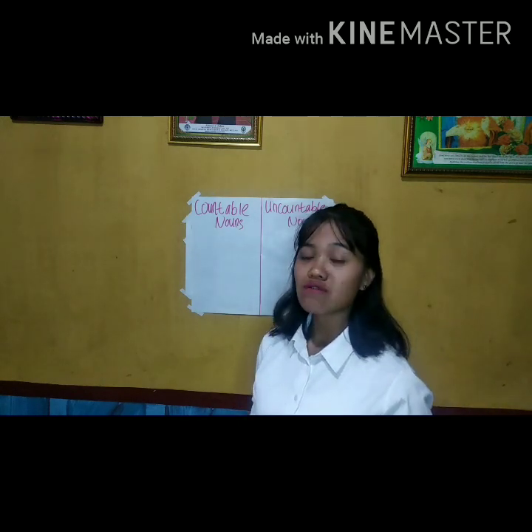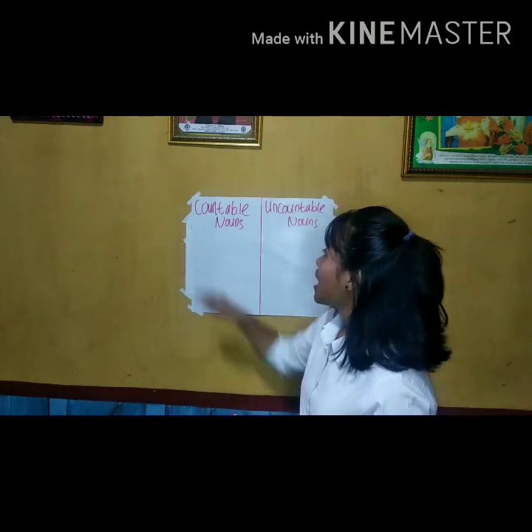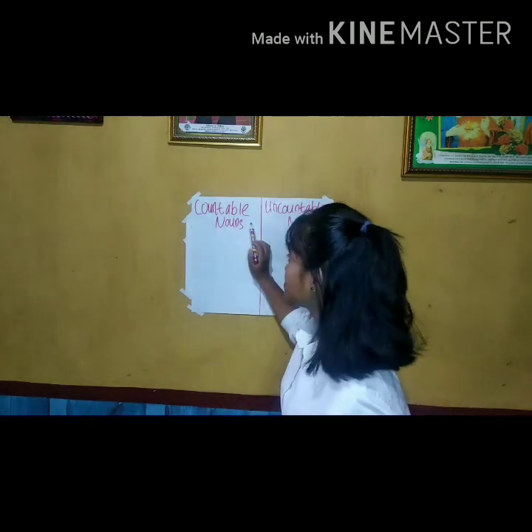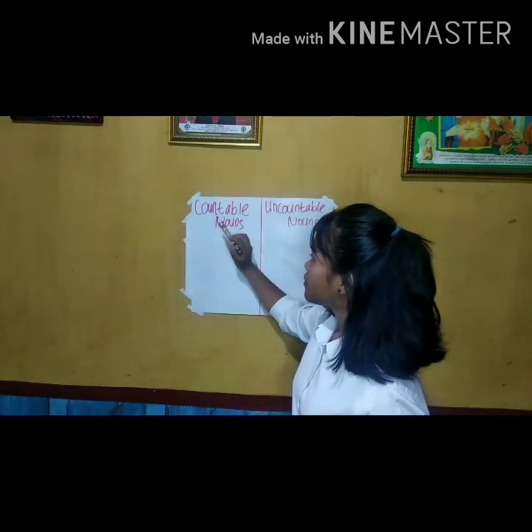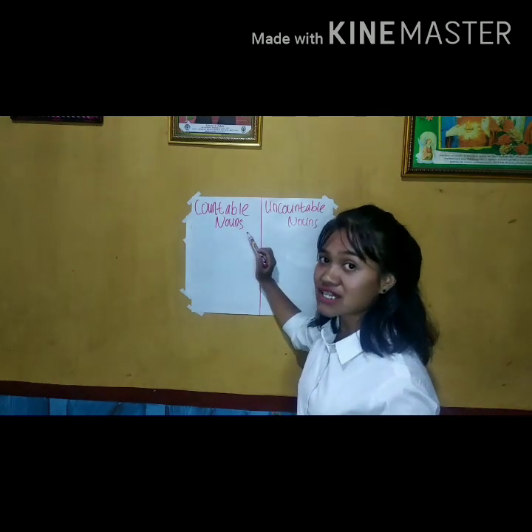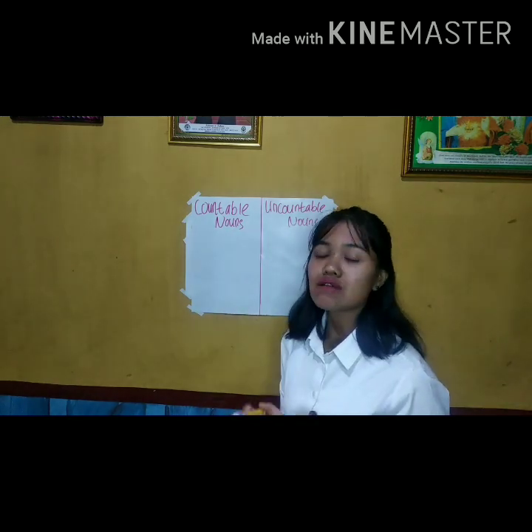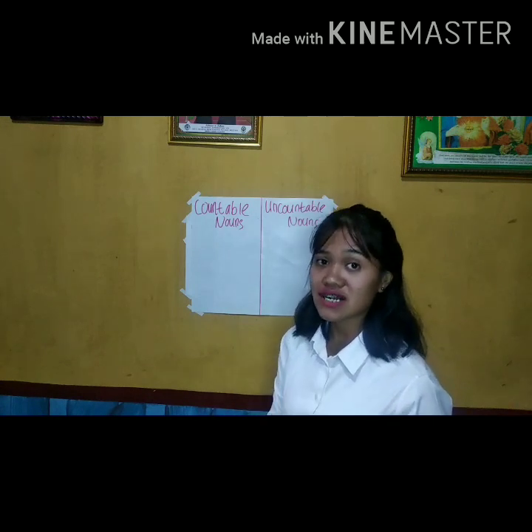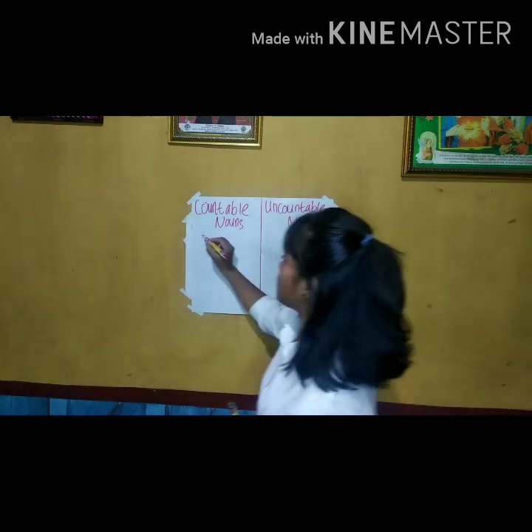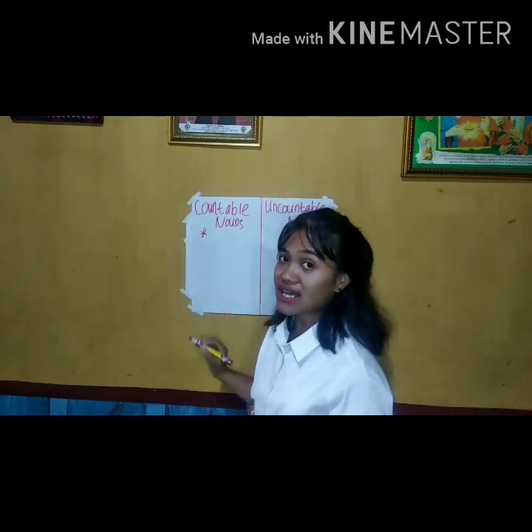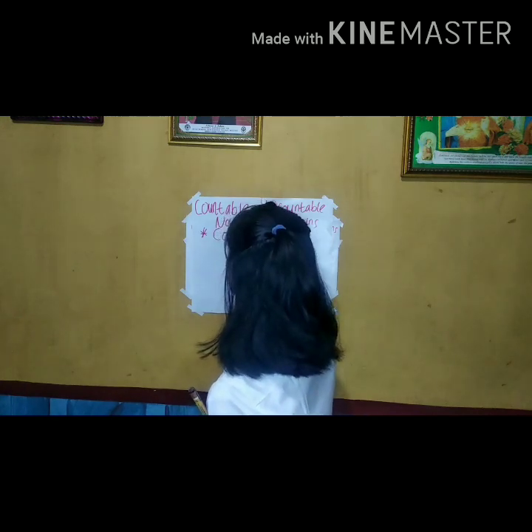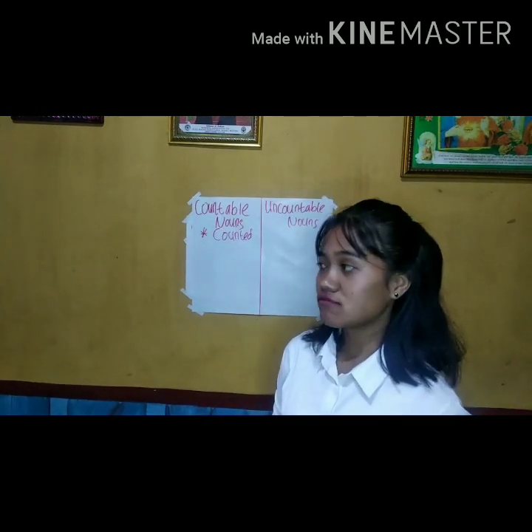For the first, I want to explain about countable nouns. From the name, we know that countable nouns are the nouns that we can count directly with numbers.